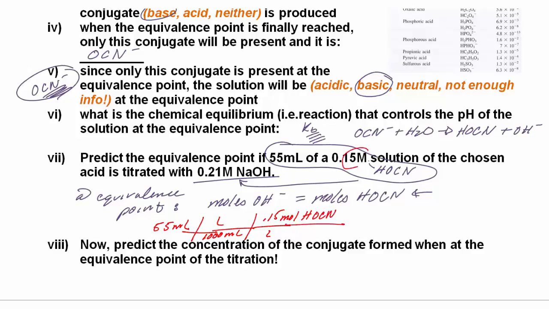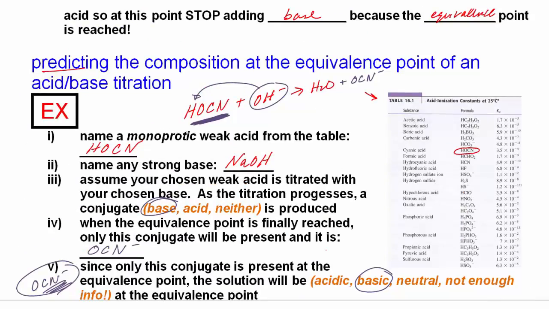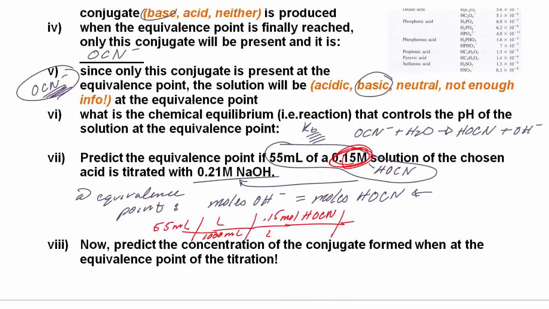Right, that's what this says. That's what big M is for. And the reaction is 1:1, right? Because we said that there's 1 mole of NaOH for every 1 mole of cyanic acid. So 1 mole of cyanic acid, 1 mole of NaOH.